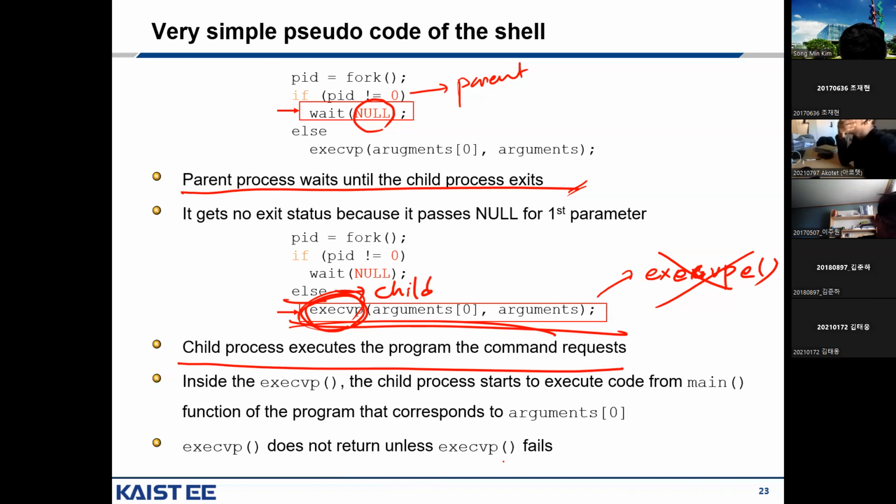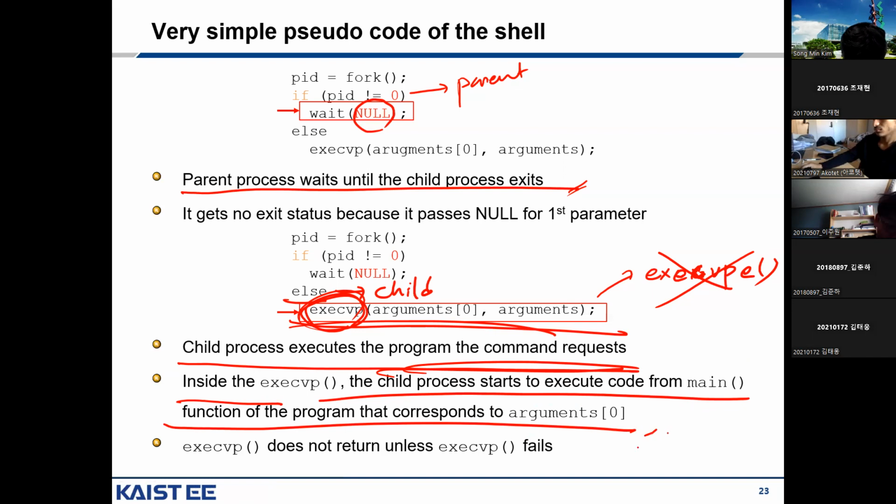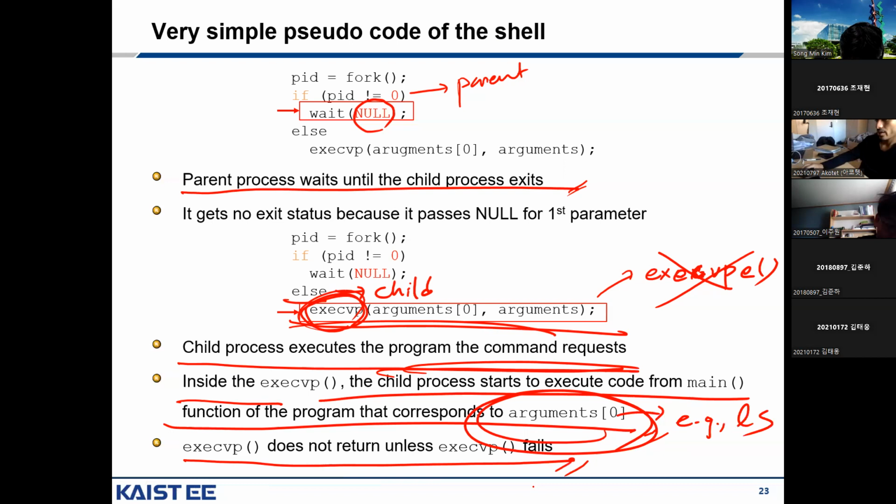So the child process executes the program that the command requests. Inside execvp, the child process starts to execute the code from the main function of the program that corresponds to argument 0, for example, ls. So execvp does not return unless execvp fails. When does it fail? If the program does not exist, right?